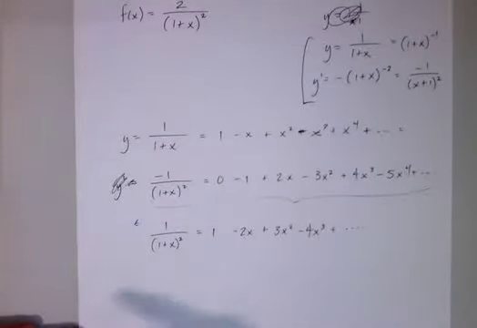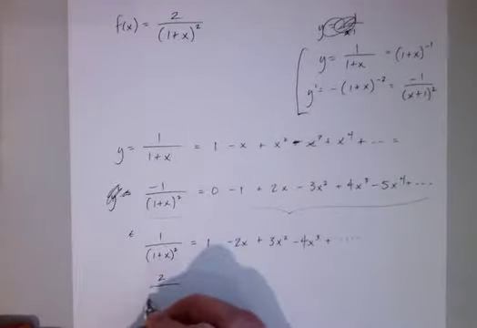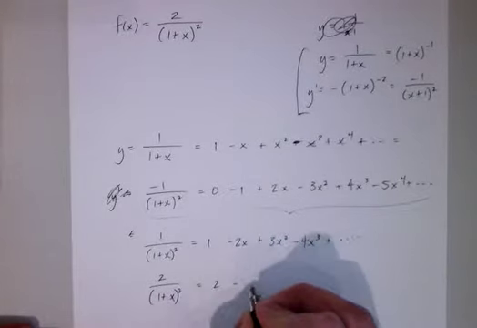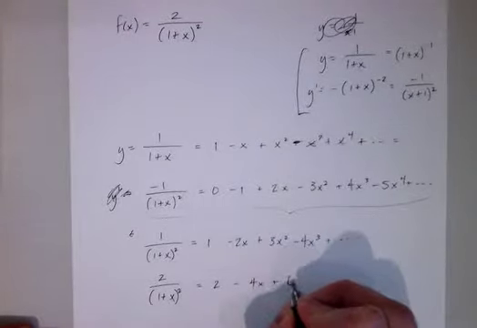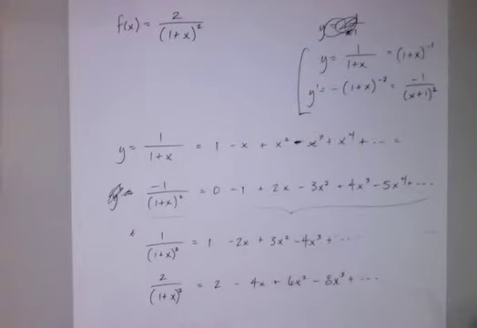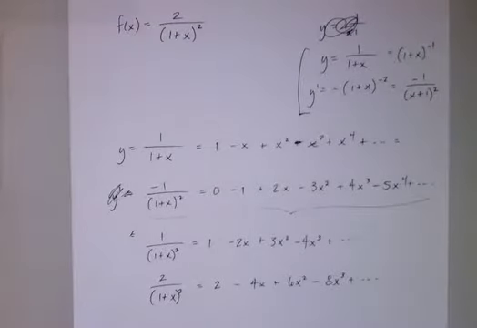Sure. And now can I manipulate this? Can I change both sides by multiplying both sides by a 2? Now, this should look awfully familiar. This is this. Okay.